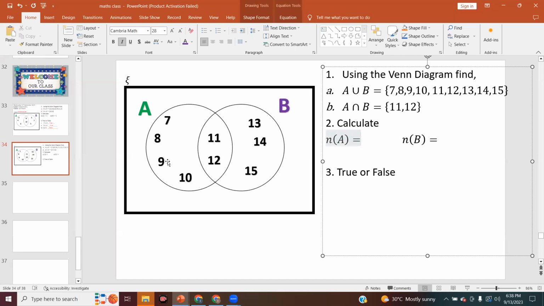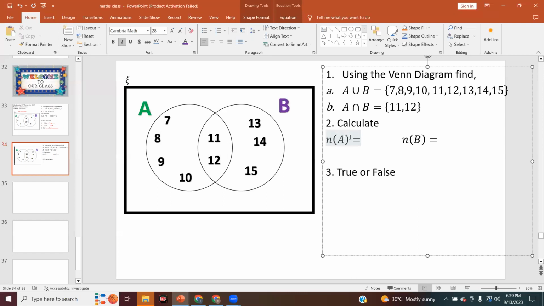Yes, sir. So the elements in the intersection of A and B are 11 and 12 because they are in the middle. Kenrick Forbes, what are the number of elements in A? 7, 8, 9, 10, 11, 12.